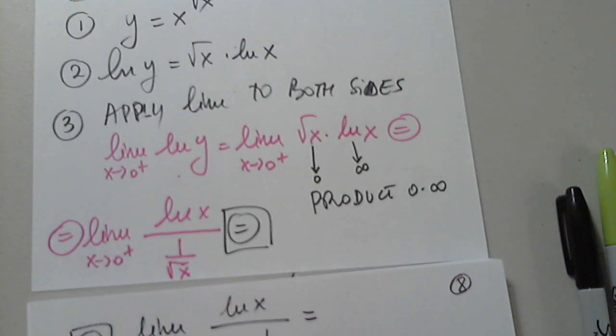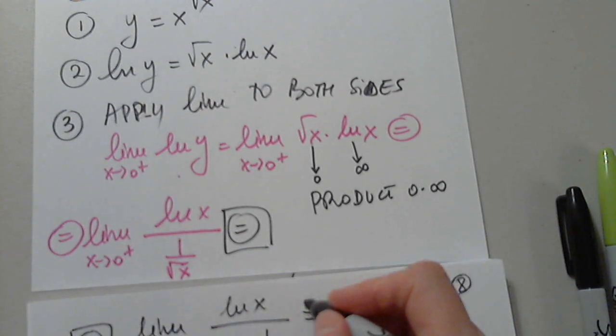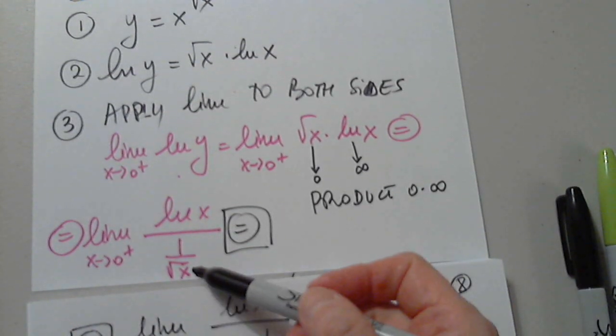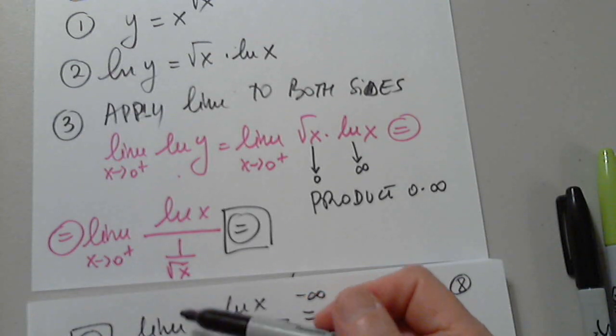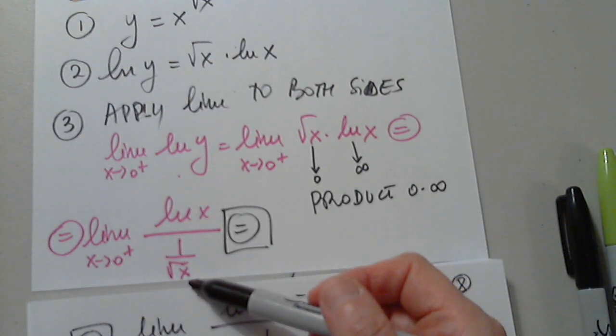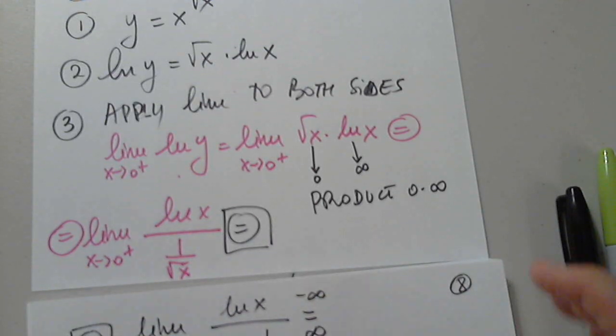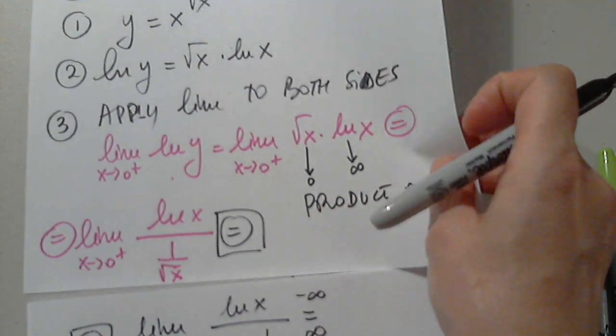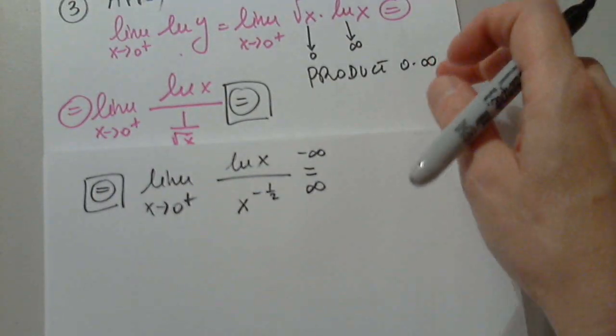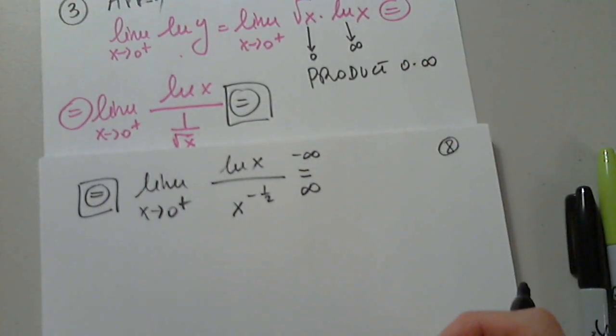And now, as x approaches 0 from the right, I know this is negative infinity. And here, as x approaches 0 from the right, 1 over 0 positive will be infinity. Not a nice problem, but we need to see those. It's a very good pick.